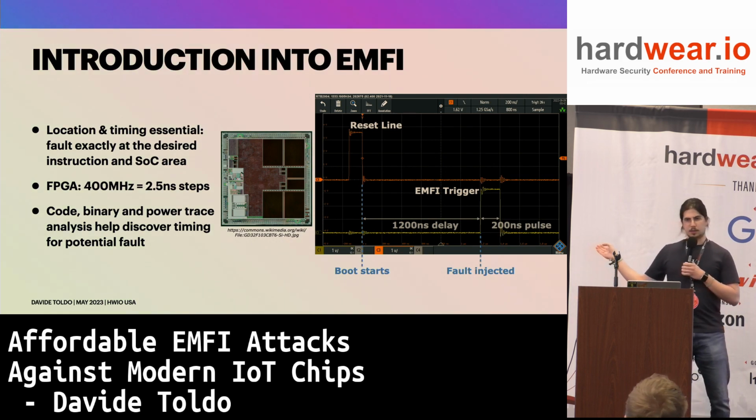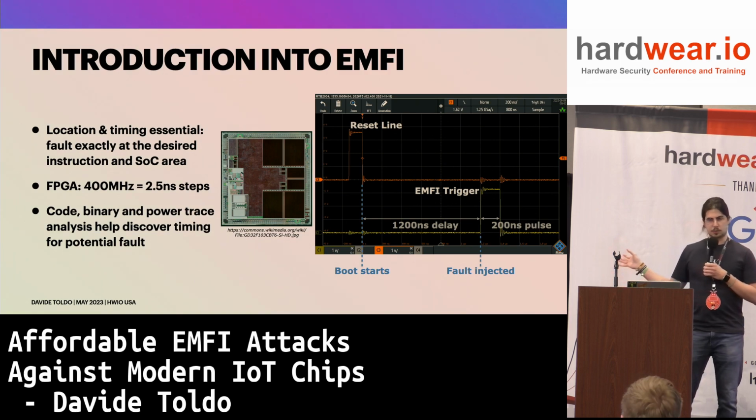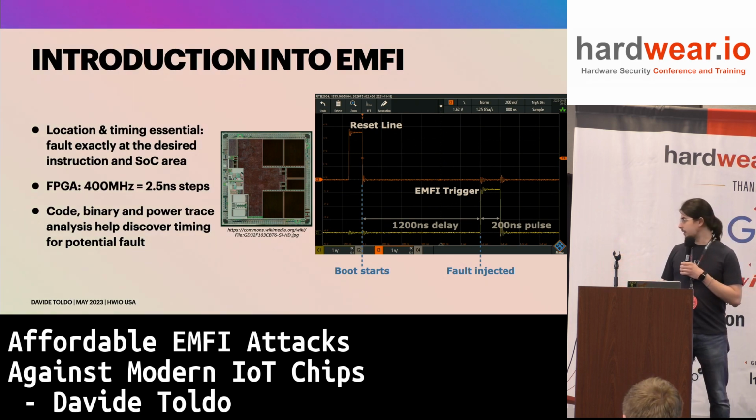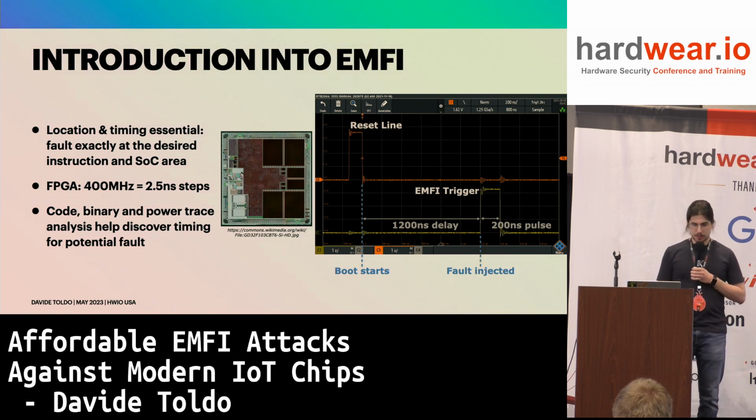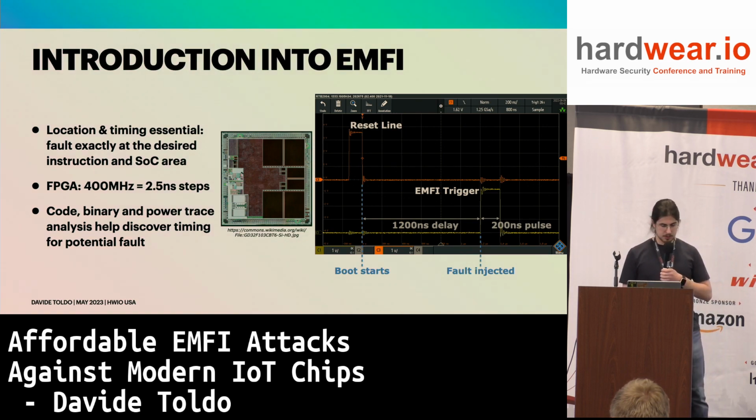Then we have the delay that we have to figure out, of course. When the delay has passed, we trigger the EMFI device. And we need to be able to really time this very accurately to get reproducibility, and also the pulse width is something you want to fine tune.